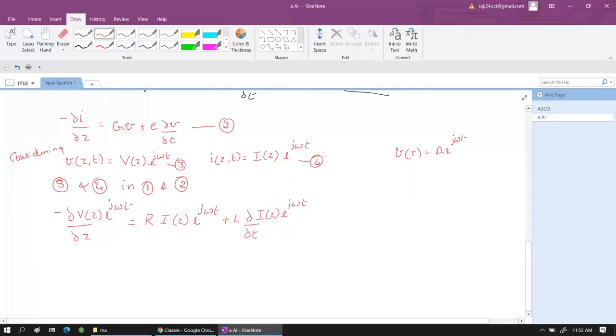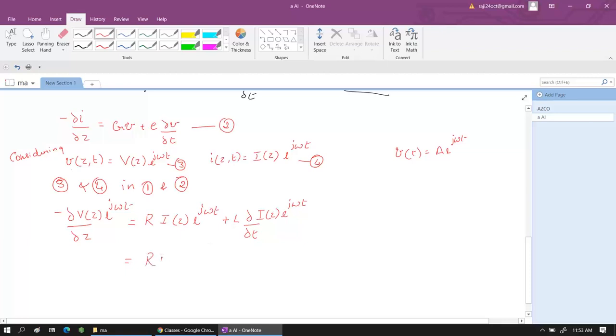Now everywhere there is an e to the power j omega t term, but directly we can't cancel this e to the power j omega t term because here it is a function of t, right? So in my next step, let us differentiate this.